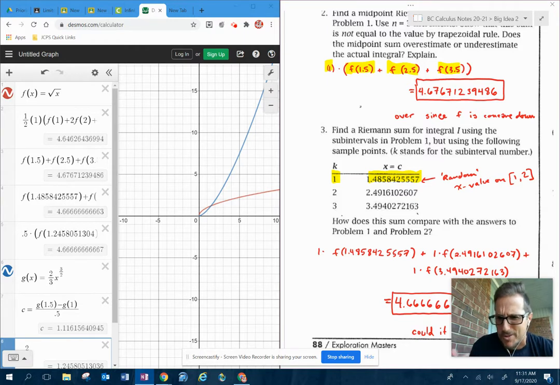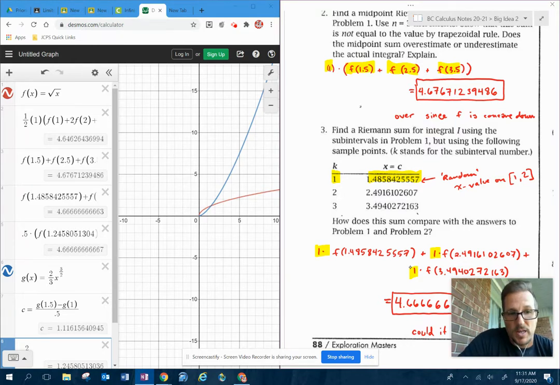This is so close to the midpoint, but it's just a random collection of digits. To calculate the Riemann sum using those sample points, we want to do the width of each subinterval, which just so happens to be 1, but now the height is f of those 3 random points. So f of 1.48, f of 2.49, and f of 3.49.